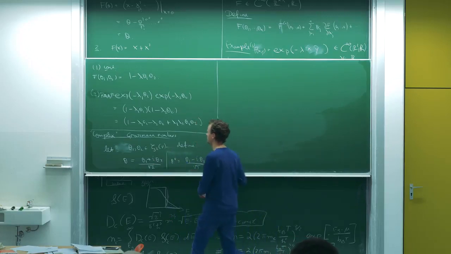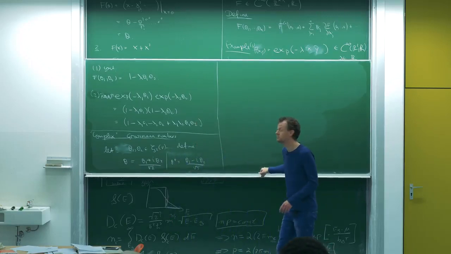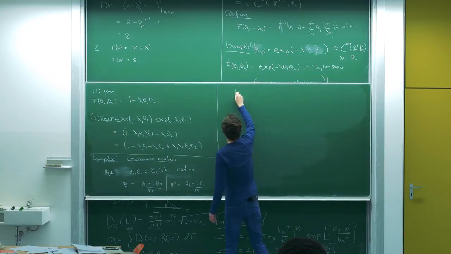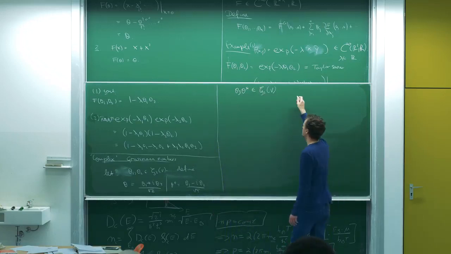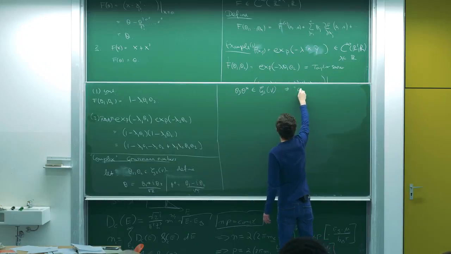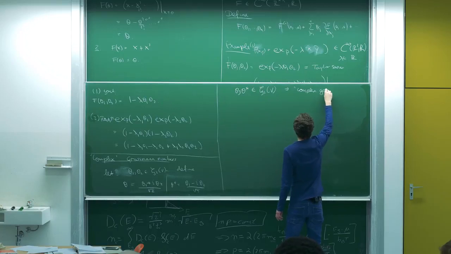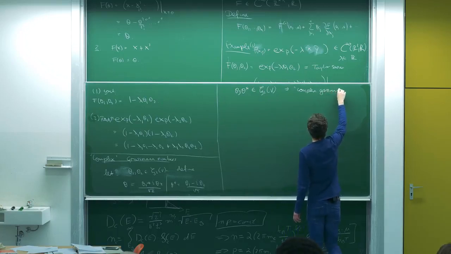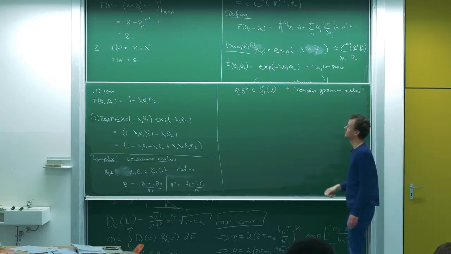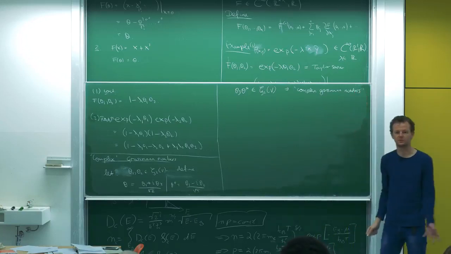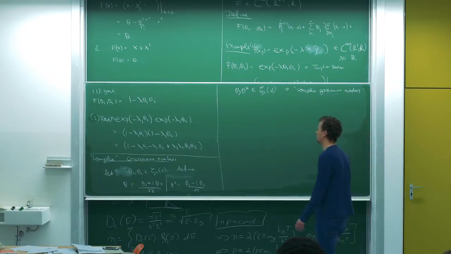So these are both elements of G2. We're going to call them complex Grassmann numbers when we have theta 1 and theta 2.